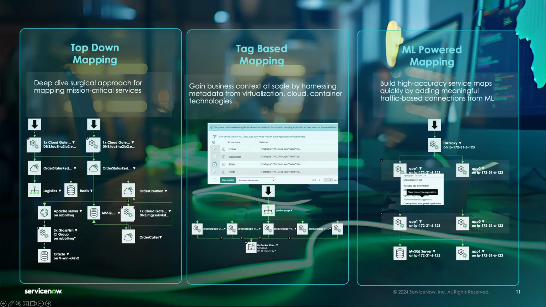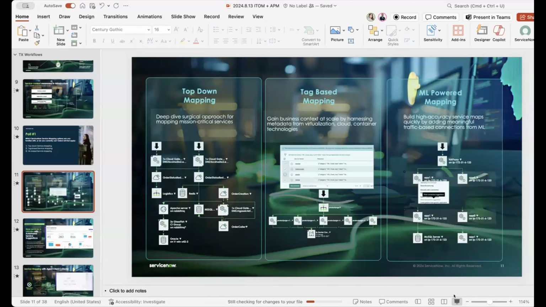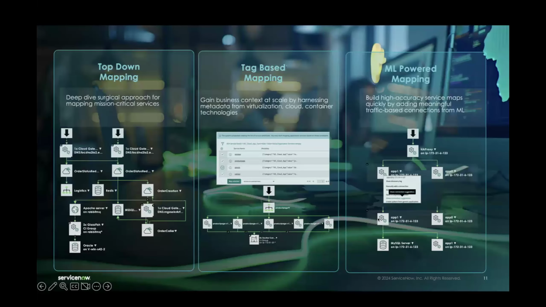So firstly, let me highlight the three powerful methods of service mapping that we offer within the platform. When you think about elevating the infrastructure context to the business context, you will have multiple consumers looking for the business dimension on the core data sets.